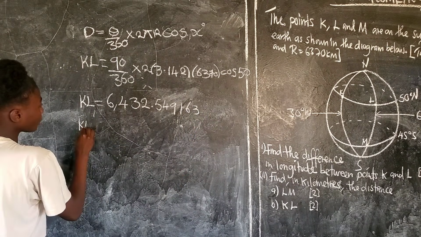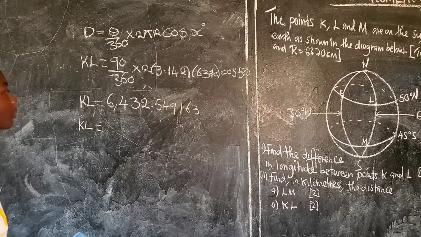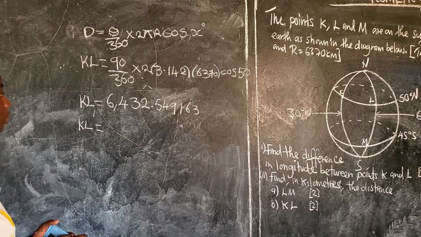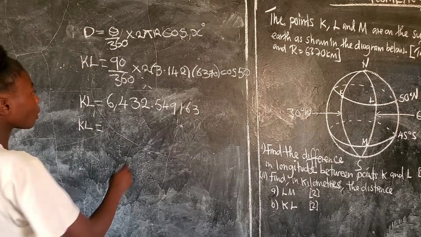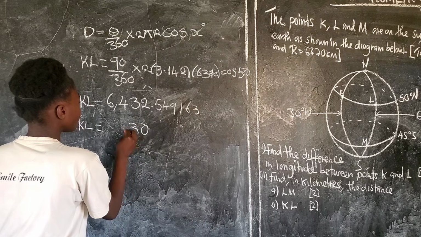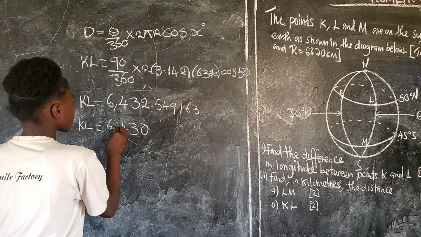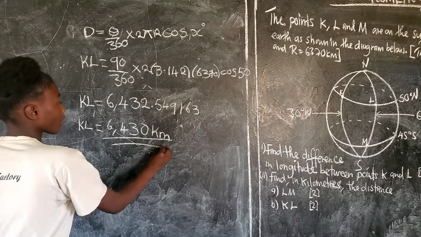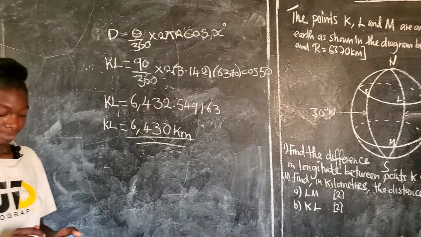So KL, like I said before, if the degree of accuracy is not specified in the question, we leave our answer in three significant figures. So this 2 is going to be 0, then this is 3, 4, 6 kilometers. That's all to this question.